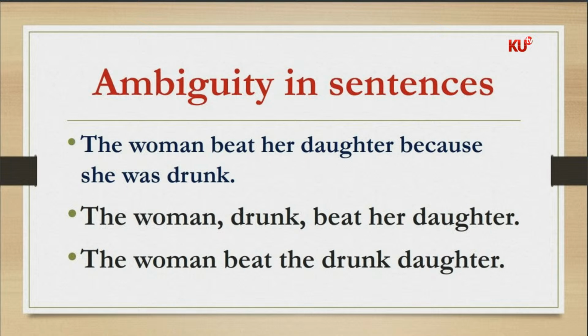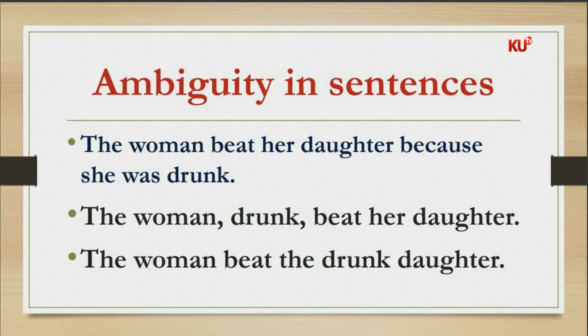So what is the first meaning of the sentence, the woman beat her daughter because she was drunk? The first meaning is that it's the woman who was drunk, and probably because of being drunk, the woman started beating the daughter with no reason.